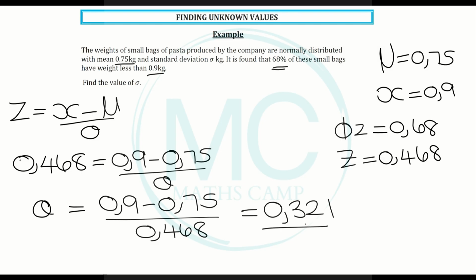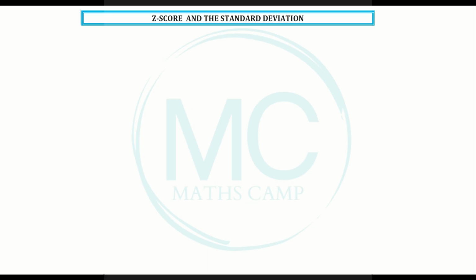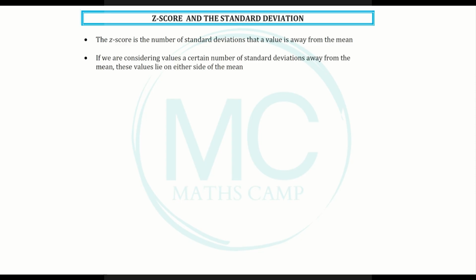Now I'd like to move on to the z-score and the standard deviation. The z-score is the number of standard deviations that a value is away from the mean. If we are considering values a certain number of standard deviations away, these values lie on either side of the mean. So we need to consider both the positive and negative values of z.